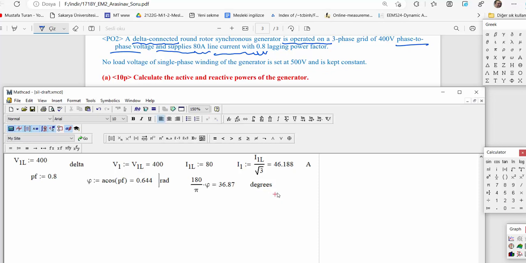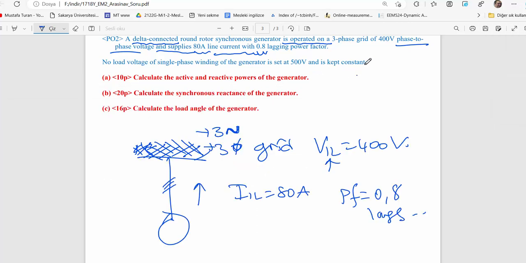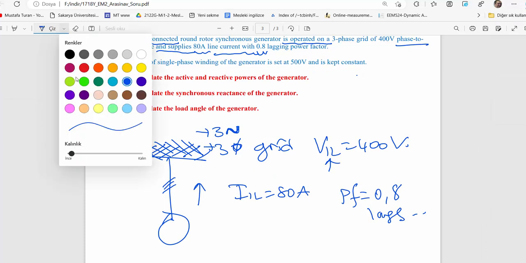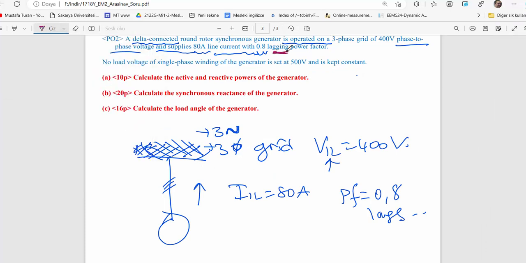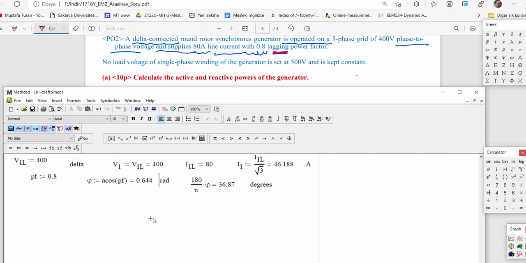Let's control the polarity or sign of the phase angle. It is lagging. Lagging means phase angle is negative. Let's make a correction.